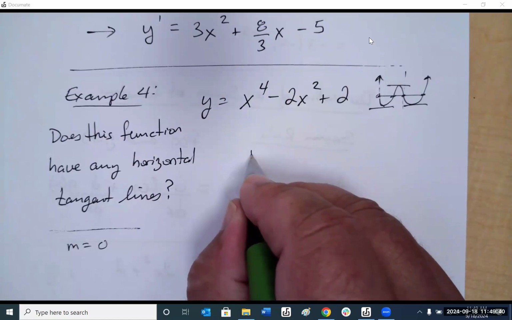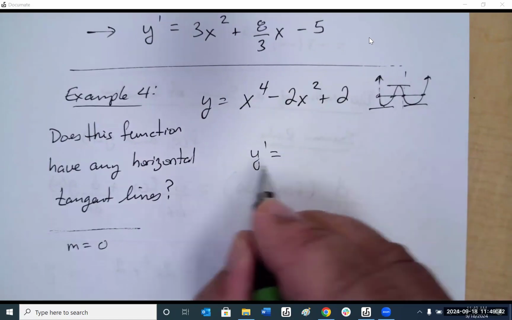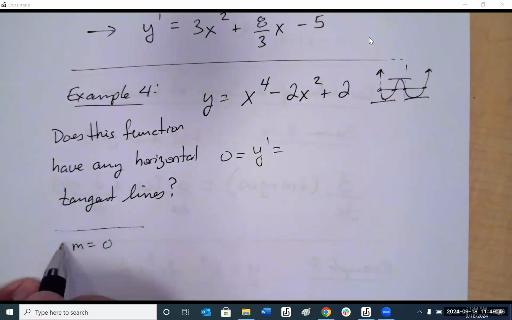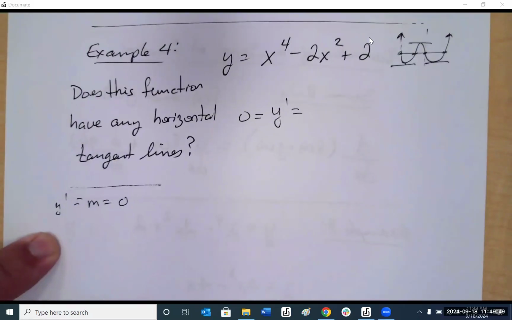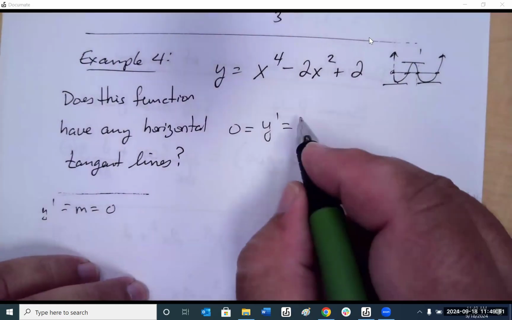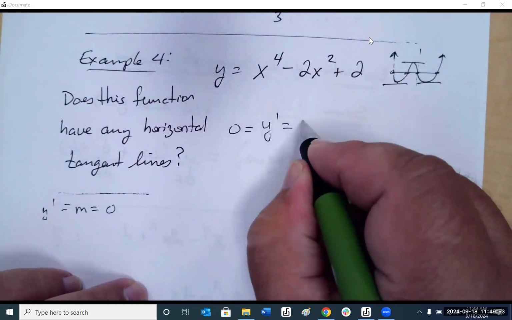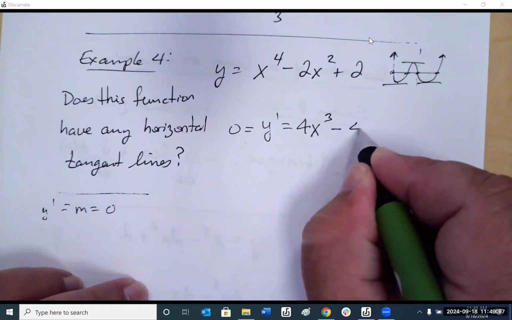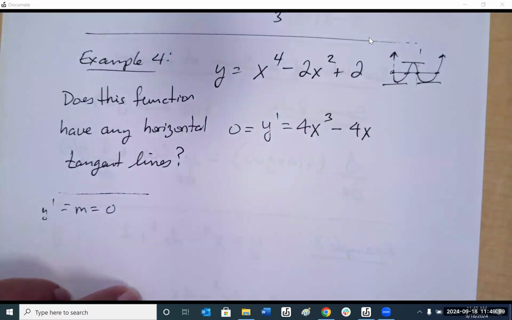Very good. Find the derivative and then set it equal to 0, because the derivative is your slope. So we have to find the derivative, which is 4x cubed minus 4x.